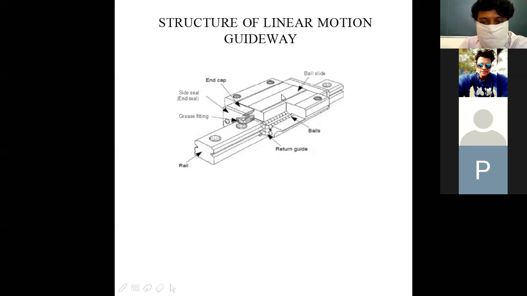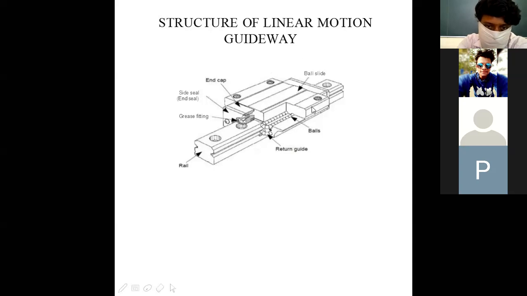Sometimes different types of tools can be mounted on this tool post. If a traditional simple lathe machine is there, a single tool can be mounted, or basically we can mount four types of tools on this particular tool post.